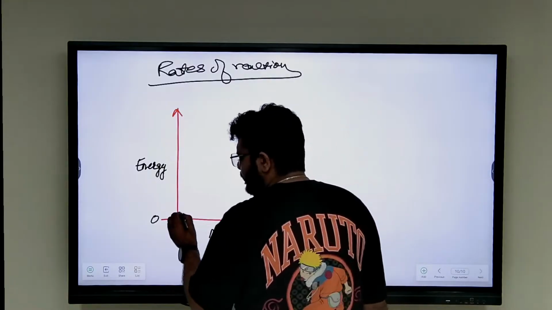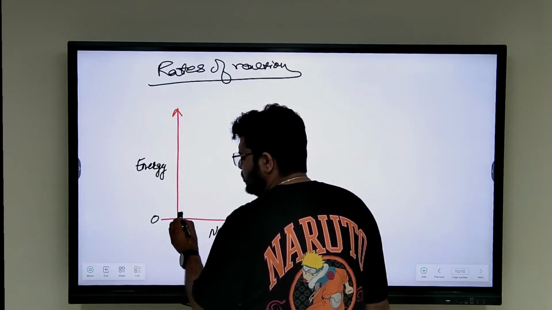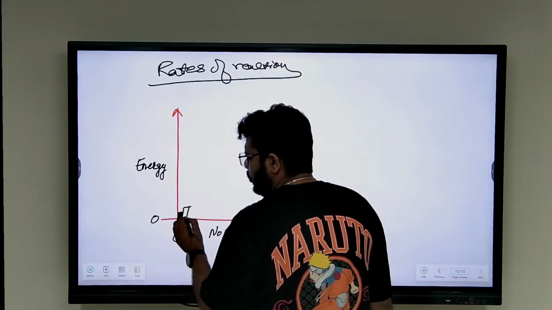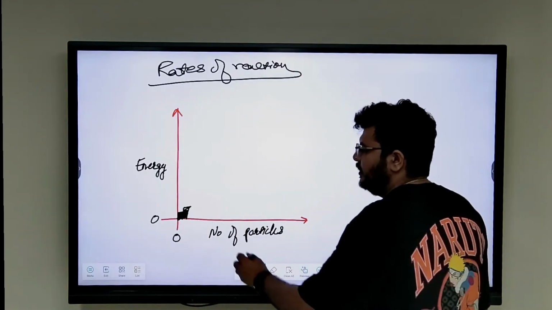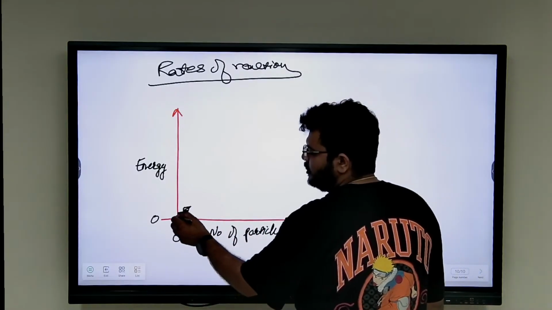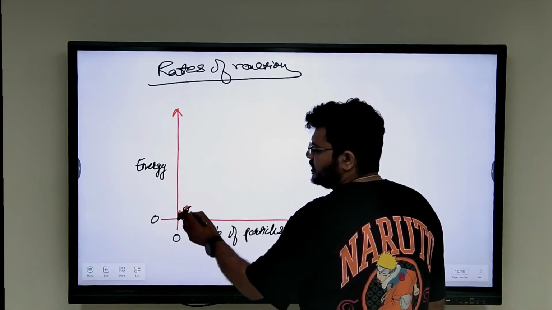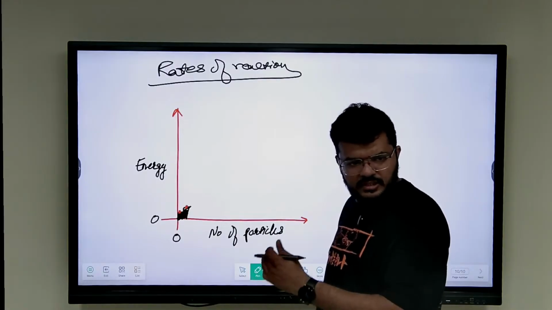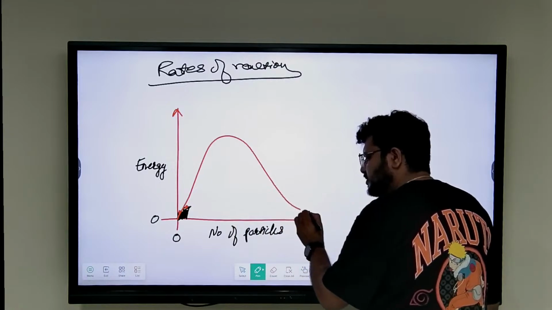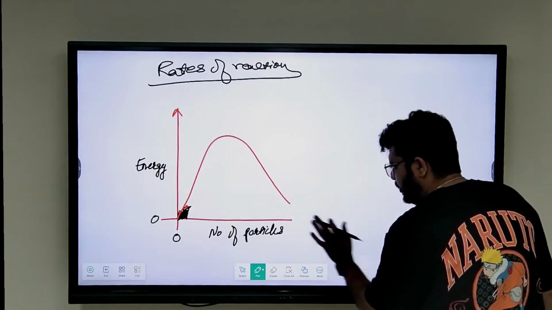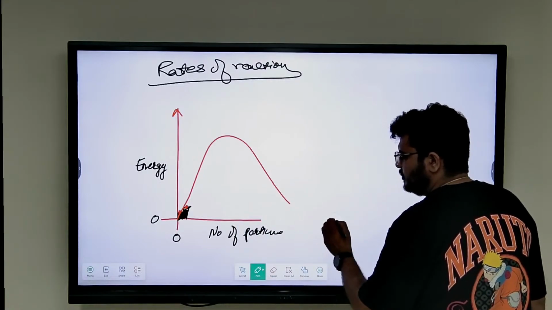Very few particles have nearly zero energy. Some more particles have more than that energy. The bars keep building up. If I join the centers of this histogram with touching bars, you will find that this is the energy distribution between the particles.